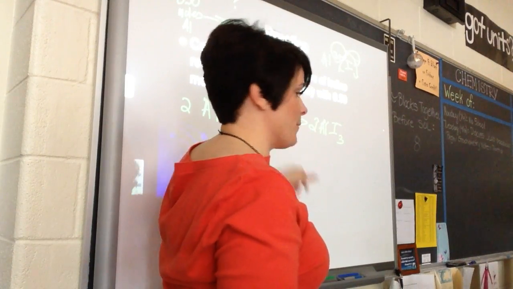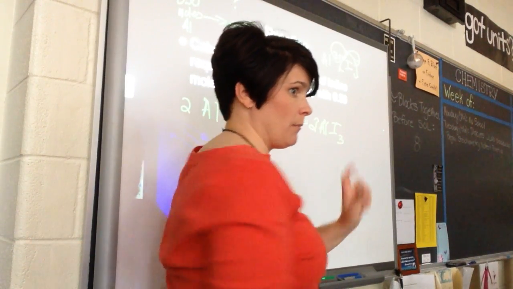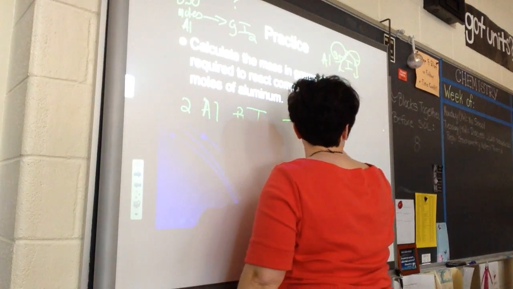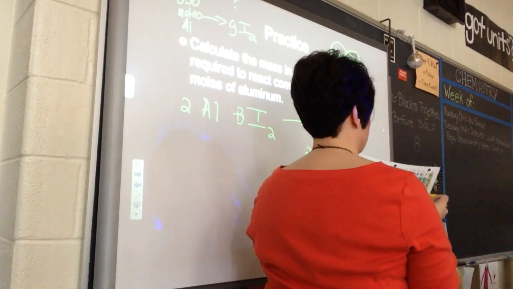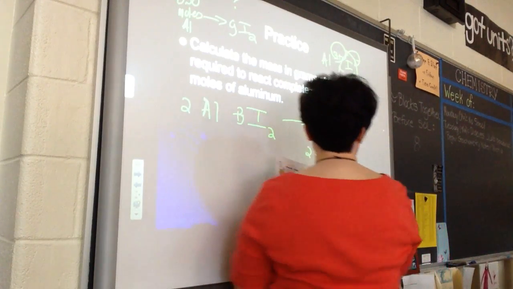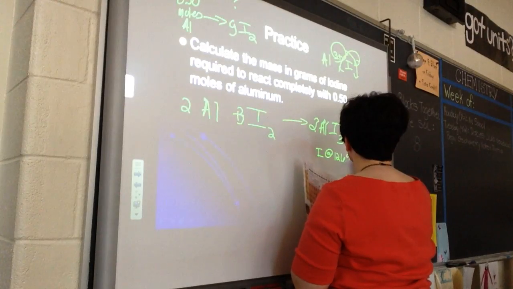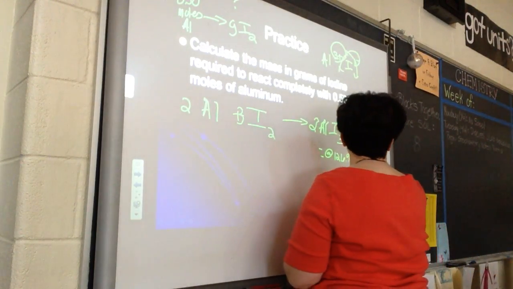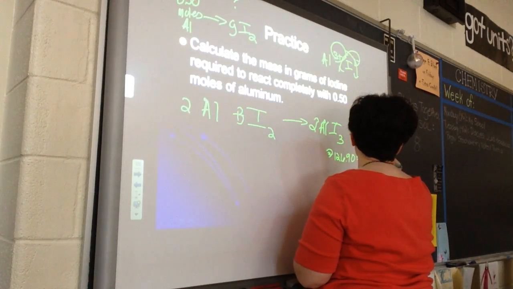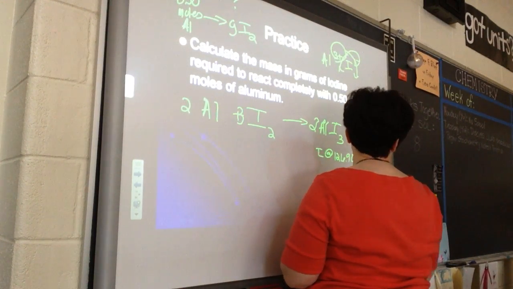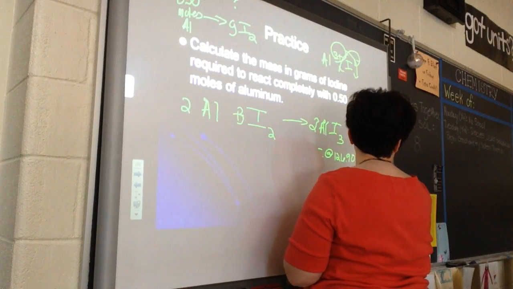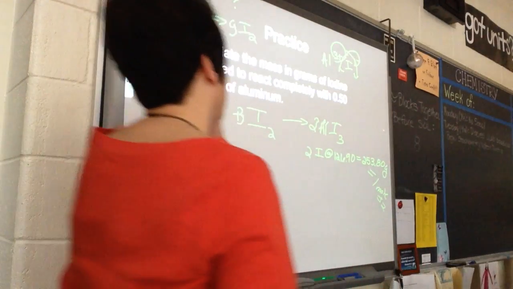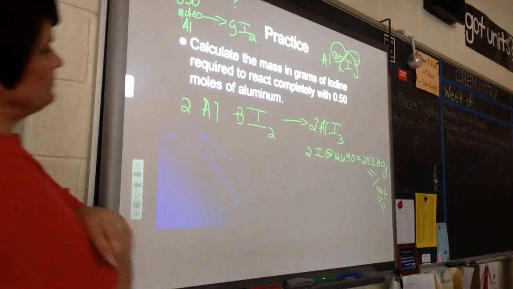So you have to figure out the mass of I2, just one of them. 126.90. What is that math? 253.80 grams is equal to how many moles? 1 mole I2.